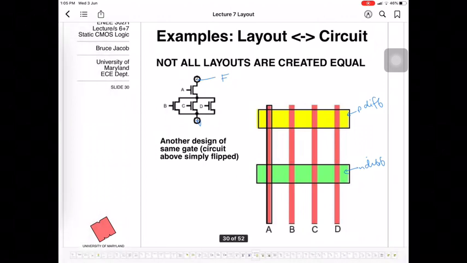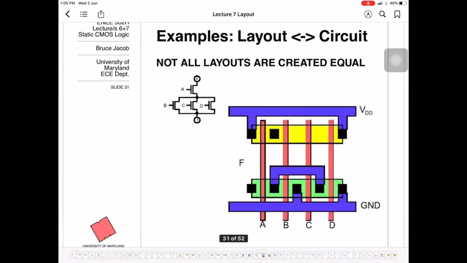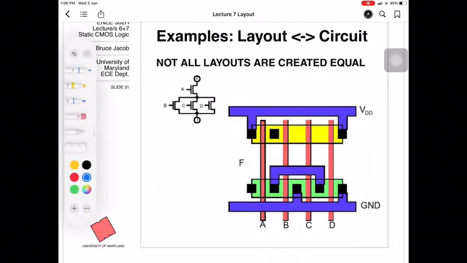Okay, so now we have the connection. As you can see here, B, C, D, these are the drain of C, drain of D, and the source of B, source of C, and source of D. The three of them are connected to ground.